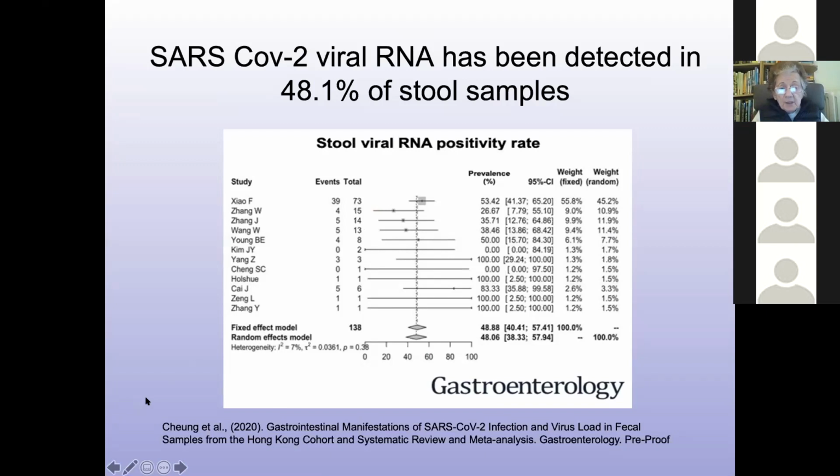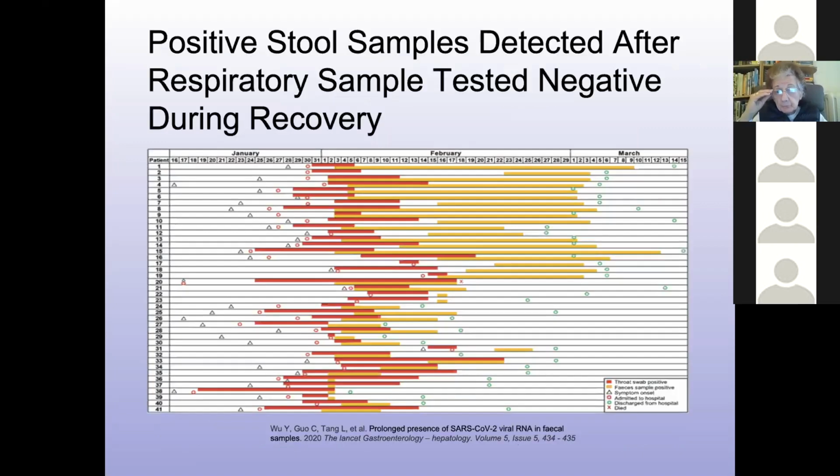The various studies shown, there's a whole list of studies, have shown the prevalence of the viral RNA, and I'm quite certain these are actual viruses, more about that in a minute, can be detected in the stool. Next slide, please.